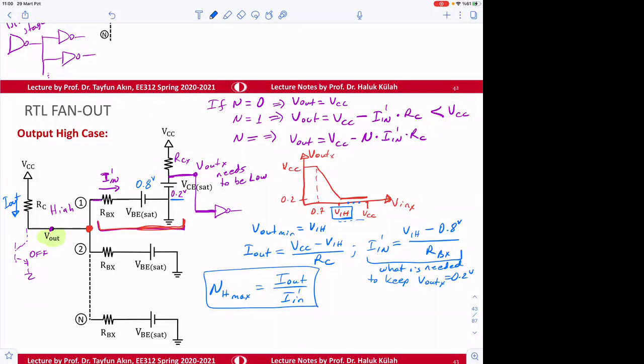So n max should be less than or equal to this.